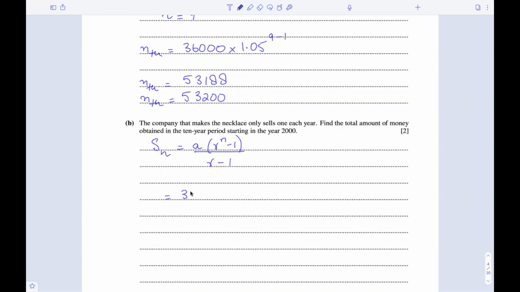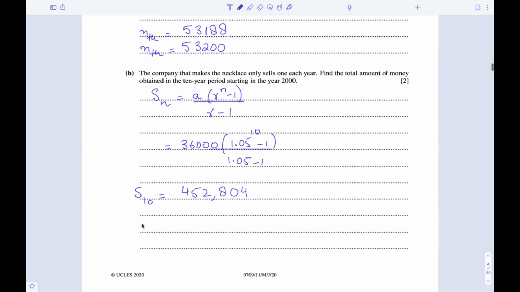The first term was $36,000. R is 1.05 to the power 10 minus 1 upon 1.05 minus 1. Using our calculator, the sum of the first 10 terms would be 452,804. Giving our answer to 3 significant figures, we'll have 453,000. So this will be the sum in a 10-year period.